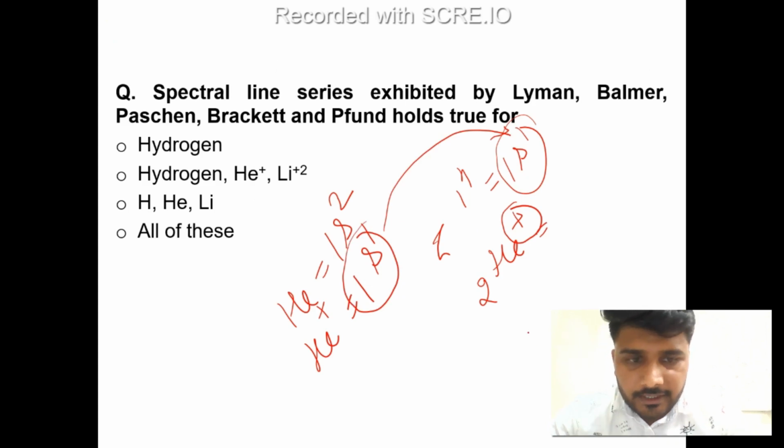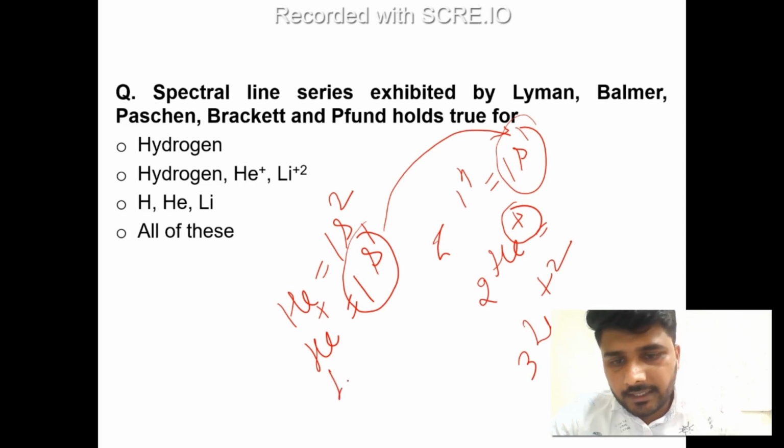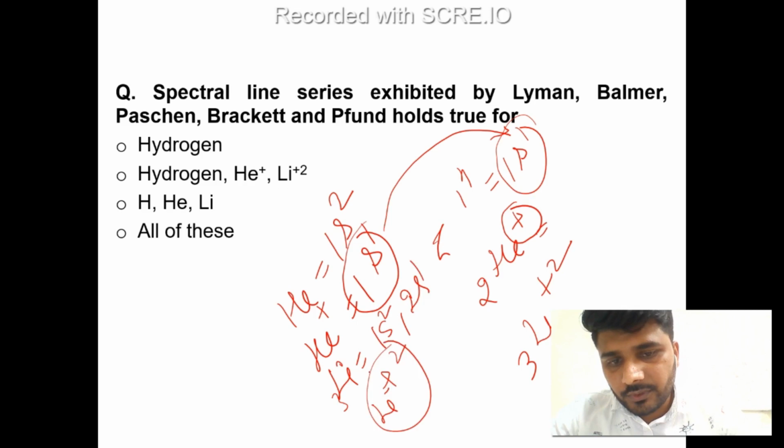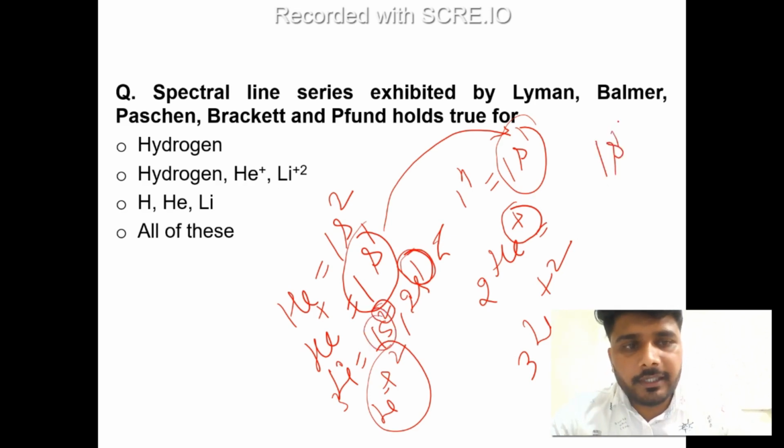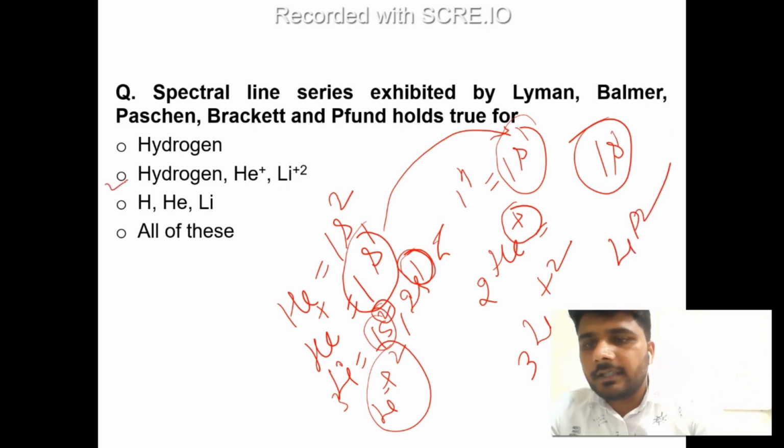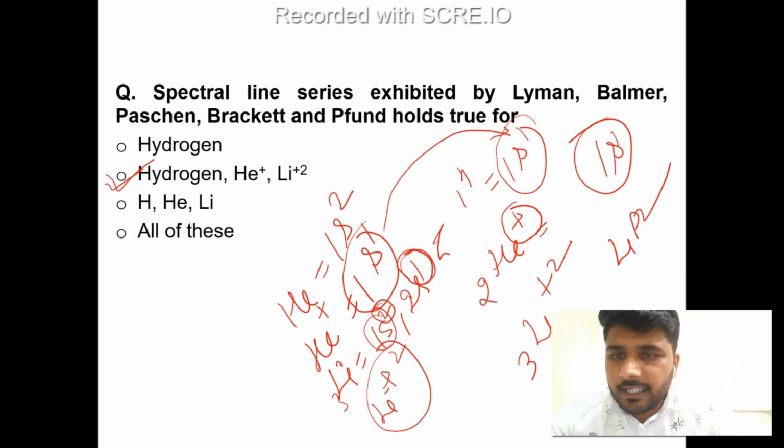And similarly for lithium plus 2, atomic number 3, the configuration is 1s2 2s1. For Li plus 2, one electron is in this, and the second one is ejected from the 1s. So you will get a similar pattern for lithium plus 2 also. So you can say this spectral line will be exhibited by the second option. Okay, is it clear?